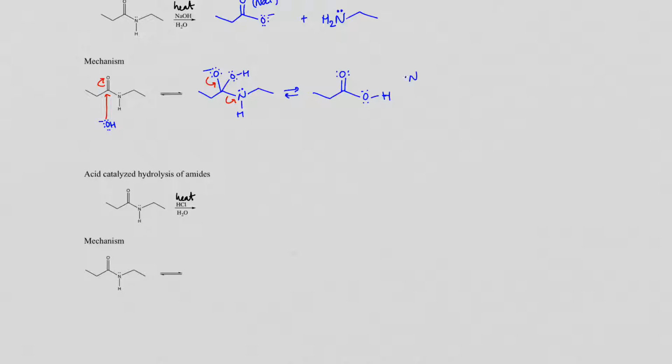so then we have this, well, let's go this way actually. Lone pair, cool. Negative charge. So now we're actually going to protonate this to form ethylamine and our carboxylate.